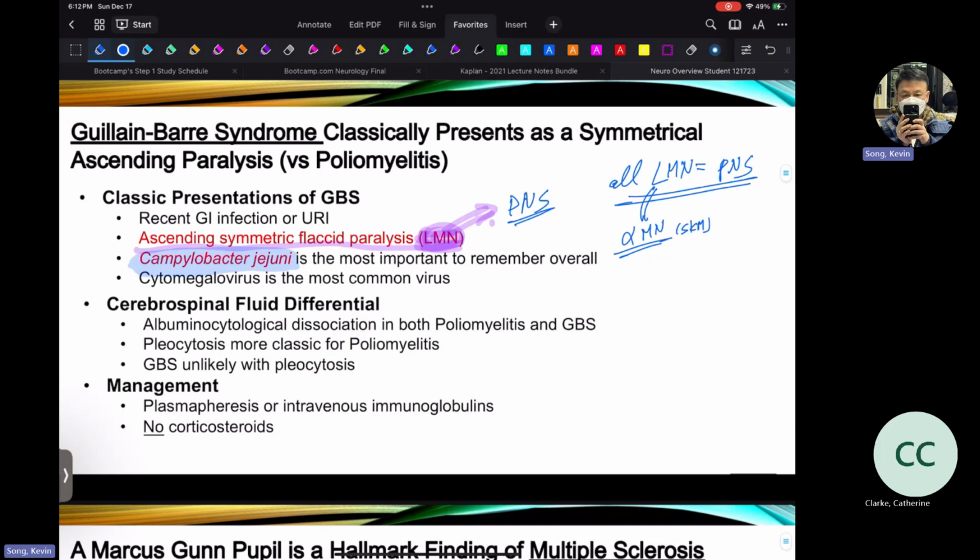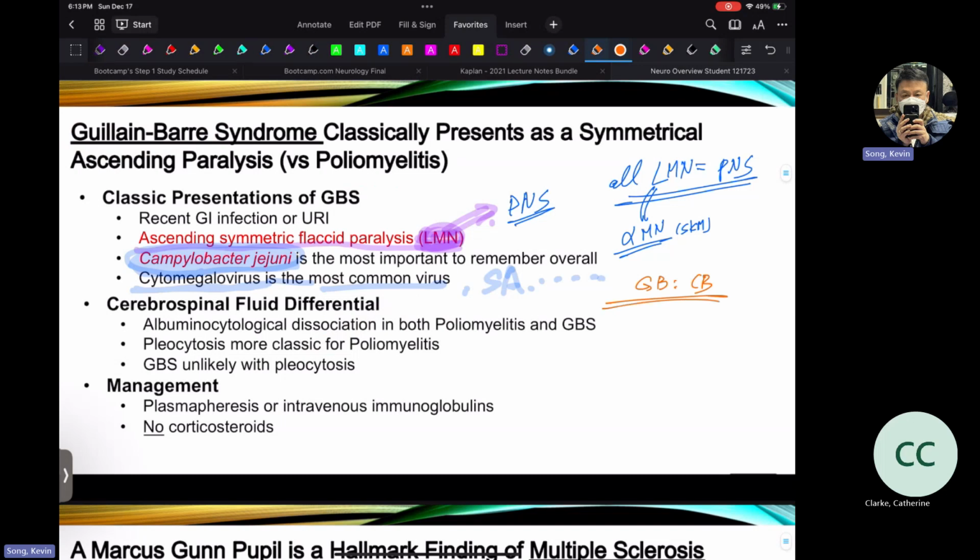Notably, cytomegalovirus is the most common virus, and Staph aureus can also cause it, or other things. But for exam purposes, you need to know Campylobacter. Campylobacter occurs with Guillain-Barré.